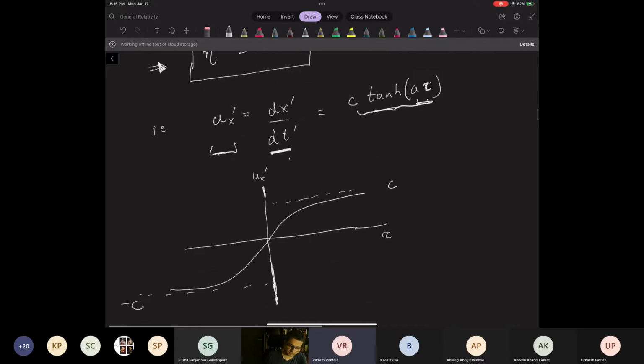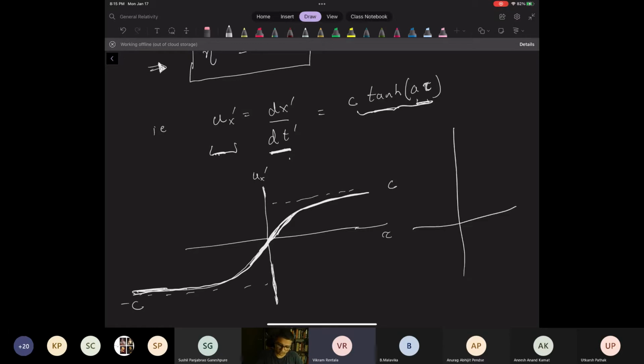If you start with the initial condition that your speed is minus c, then a positive acceleration in the x direction will ensure that the speed eventually approaches plus c. Unlike what you would expect if you just had constant acceleration in the frame S prime, where your speed just increases linearly with time, which is what would happen if dux prime by dt prime was equal to a.